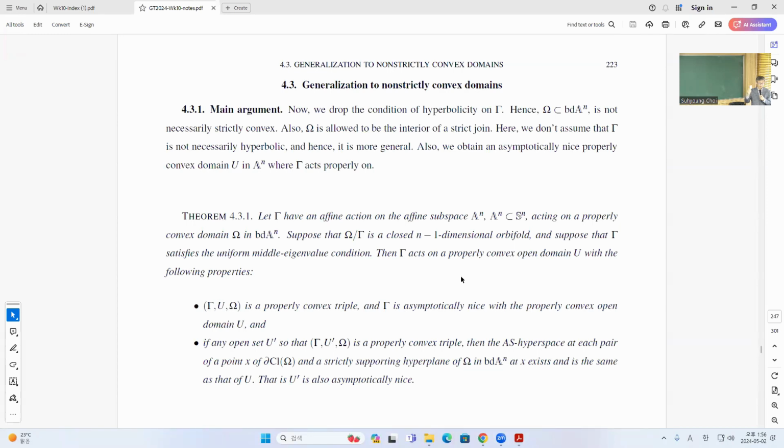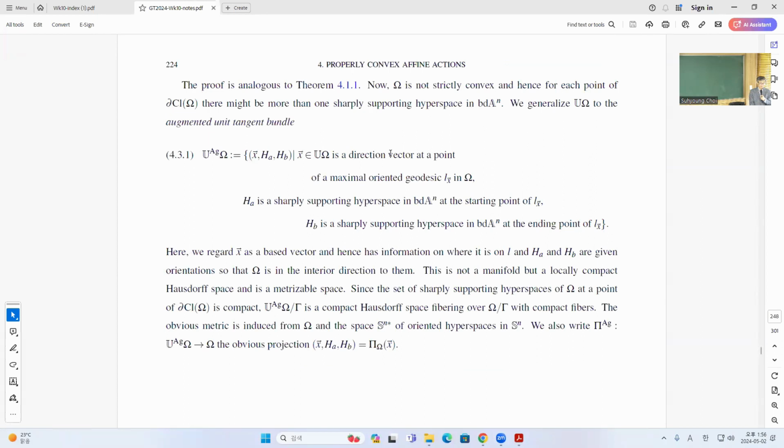So for each one you can obtain these hyperspaces. So you need to define this augmented unit tangent space, where you take not only the points and the vector and the endpoint, but also these tangent hyperplanes at the beginning and at the endpoint.